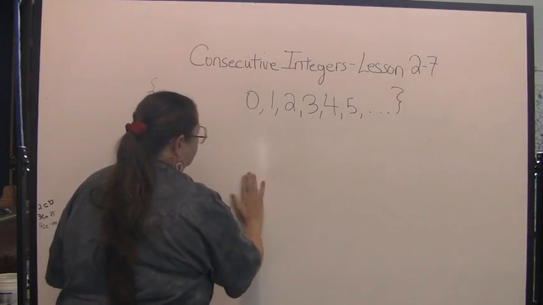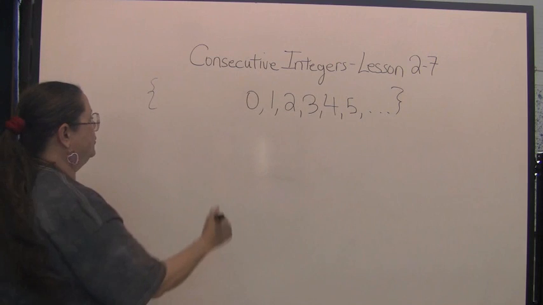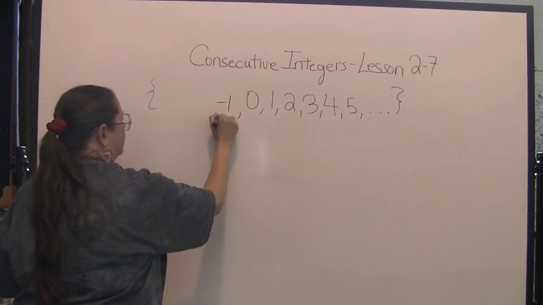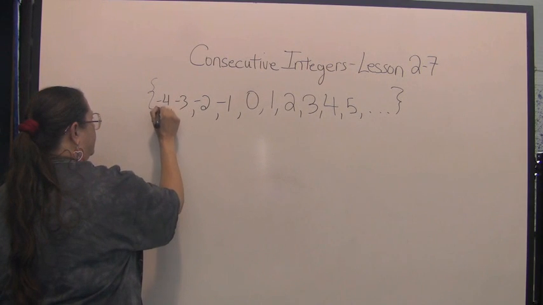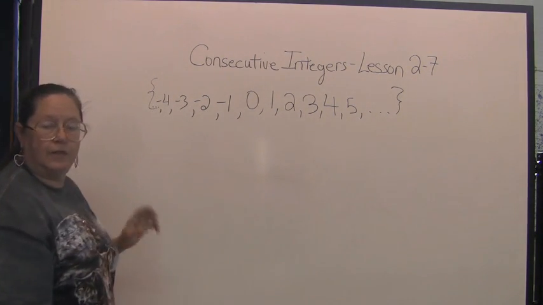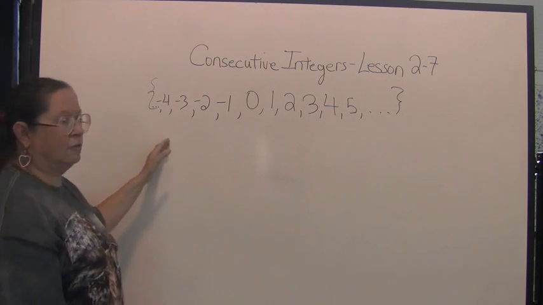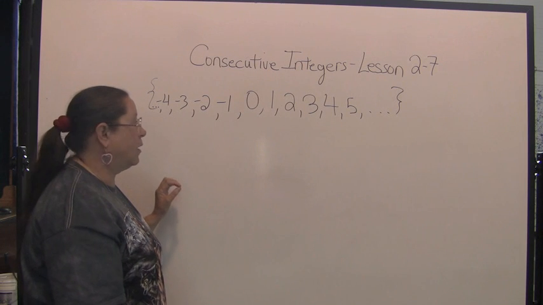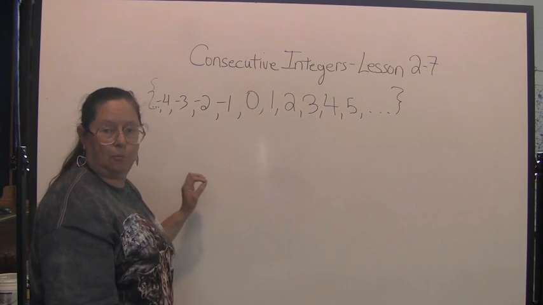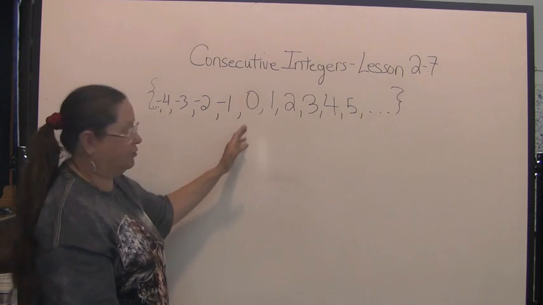Now, when you add to that the negative numbers, then you have what we call integers. Now, integers do not include fractions or numbers with decimal portions. They're essentially the whole numbers with signs, other than 0.